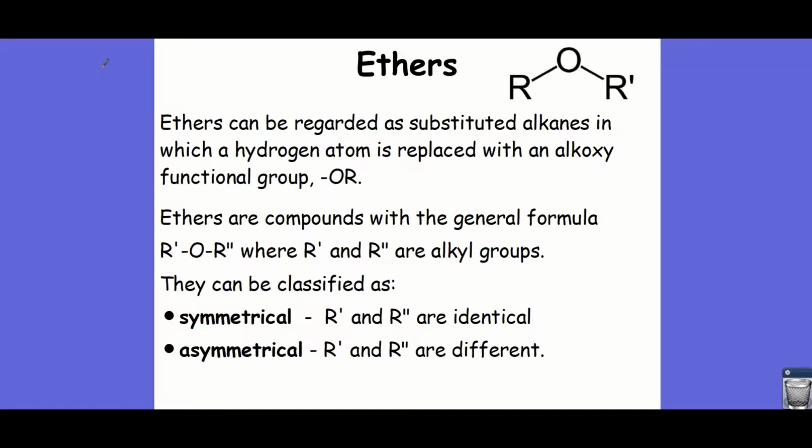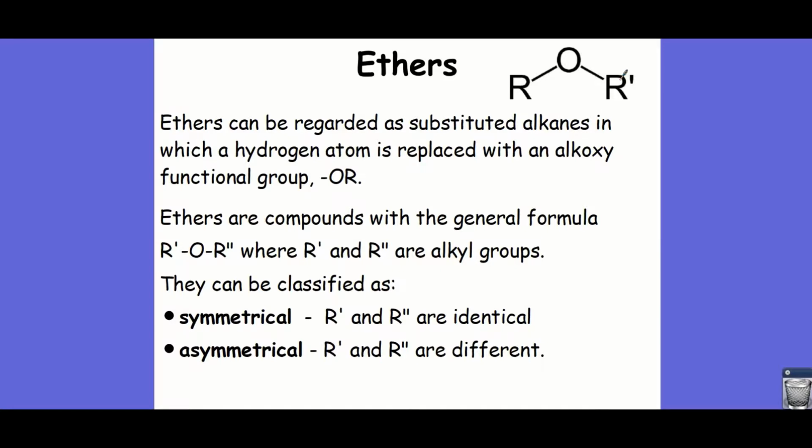So the easiest way to think about an ether is just the same way we would think about an alcohol or any substituted alkane. One of the hydrogen atoms has been replaced with a functional group. And in the case of an ether, that is an alkoxy functional group.